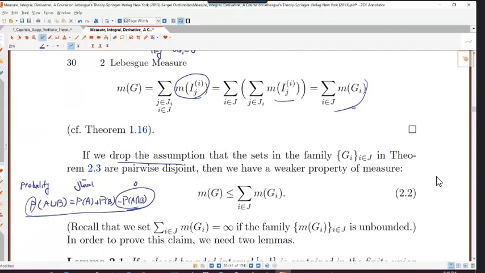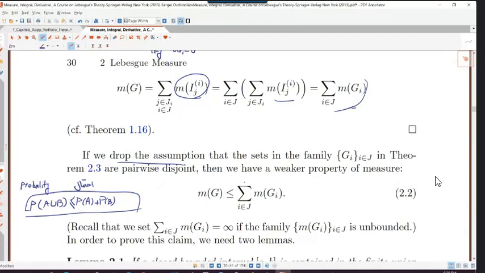But if this is not the empty set, it's a positive number. And we have P of A union with B is less than or equal to P of A plus P of B.